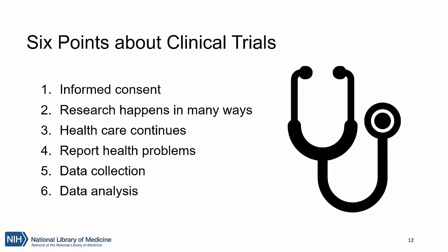We're going to examine 6 key points about clinical trials now, and I'm going to go into a bit of detail with each of these points, just to provide you with a lot of context for when we go into our live searching portion. Point one is informed consent is an ongoing process. Some of you may be familiar with obtaining informed consent from participants before they enroll in a study.